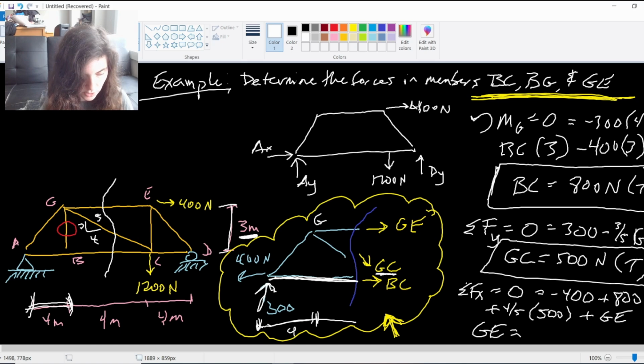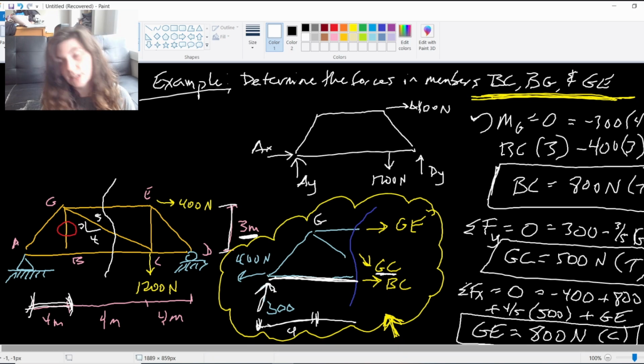Punch that in my calculator to do the algebra, and I get negative 800, which means GE is 800 newtons in compression.